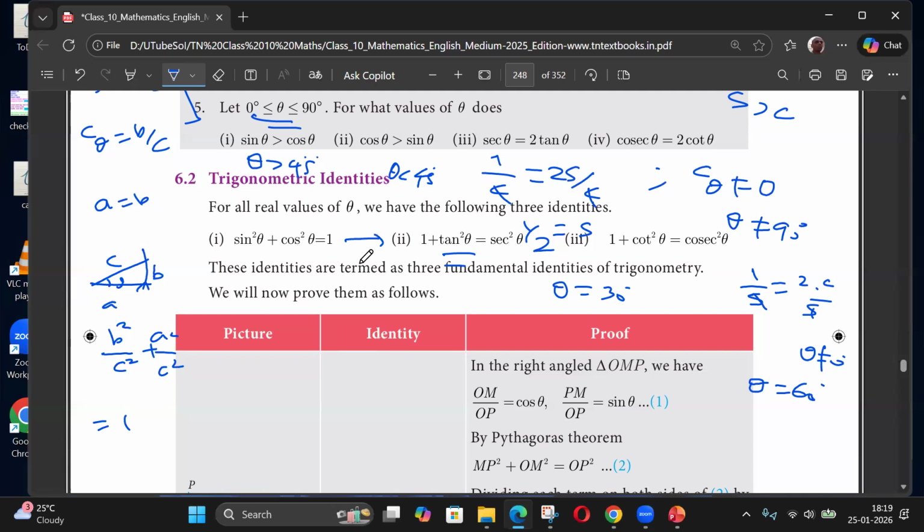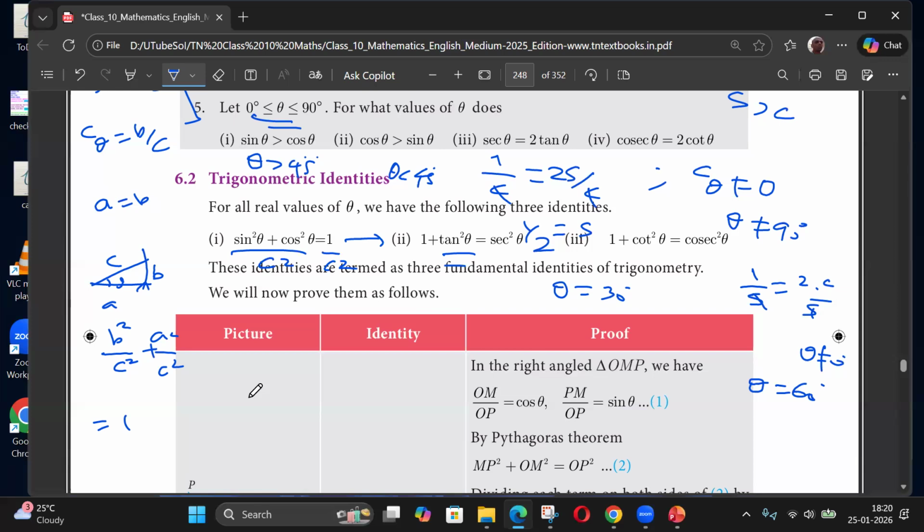Now divide this whole thing by cos square. Tan is sine by cos. The first term is tan square, and the second term is 1.